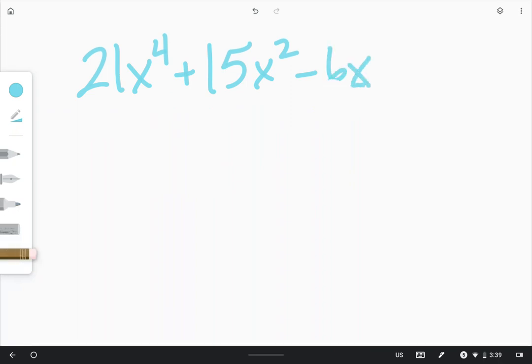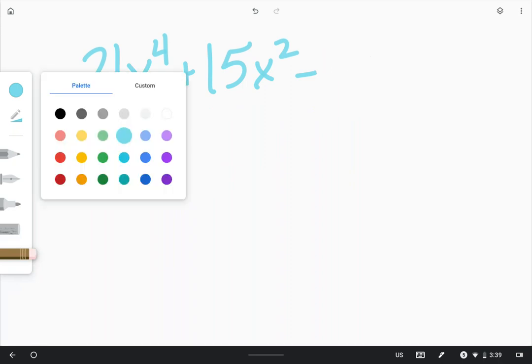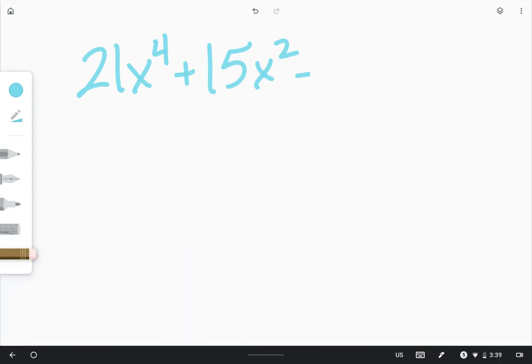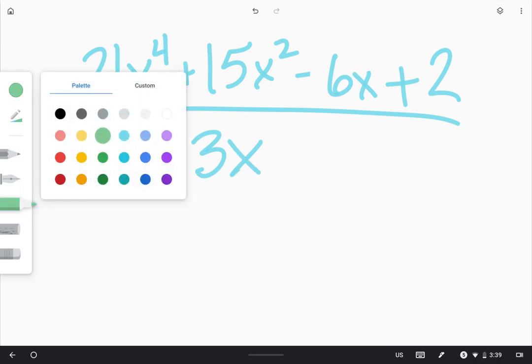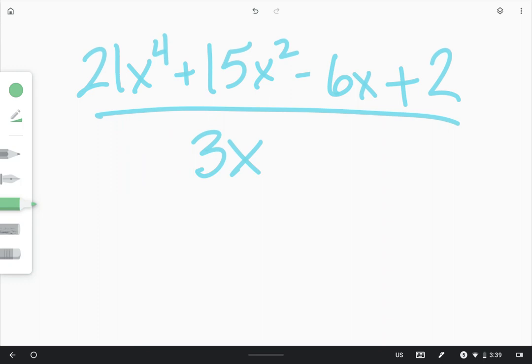Should erase a little bit there. Sorry about that. So when that happens, you're going to do this as 4 individual problems.